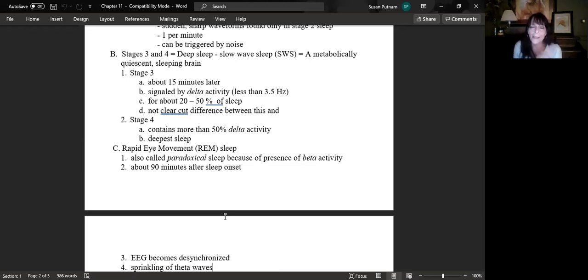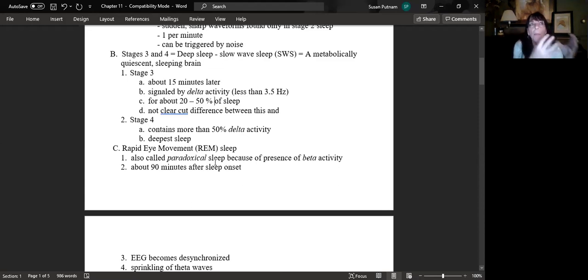But what do we see in stage 3 sleep that we didn't see before? Delta activity, shown by waves that are less than 3.5 hertz. Generally speaking, you're in this stage for about 20 to 50% of sleep.